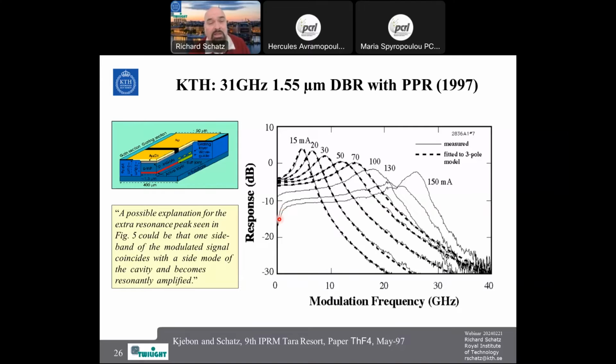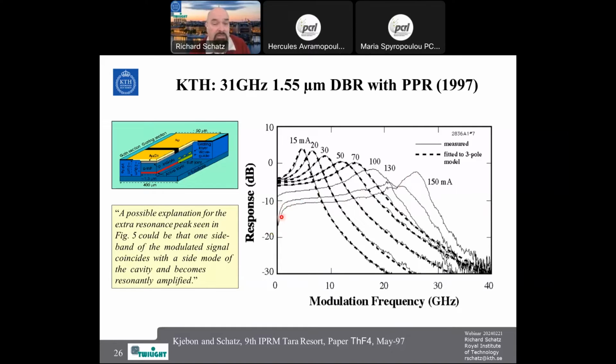Here we are close to having two modes in the laser, and the two modes will have different bandwidth, and they can be out of phase or in phase. So this can be due to the side mode that is modulated, the spontaneous emission in the side mode that is modulated.